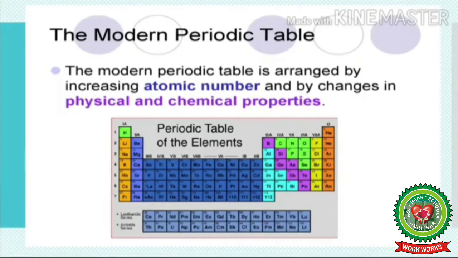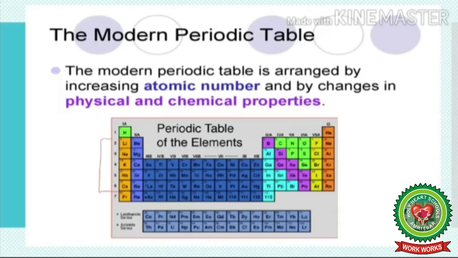For example, all these elements are good reducing agents. They have one valence electron in their outermost shell. They are soft metals and are very reactive, and for this reason they are found mainly in the combined state. They impart a very good color to the flame when they burn, and they form hydrides with hydrogen and basic oxides with oxygen.